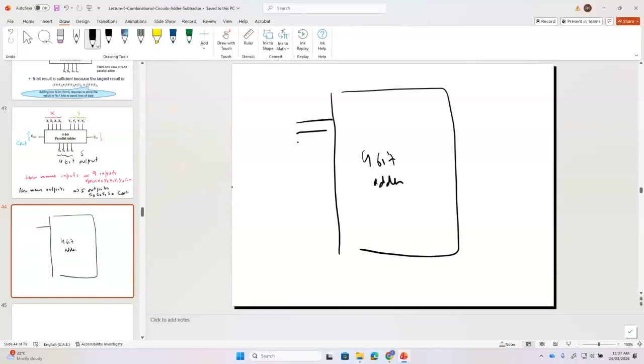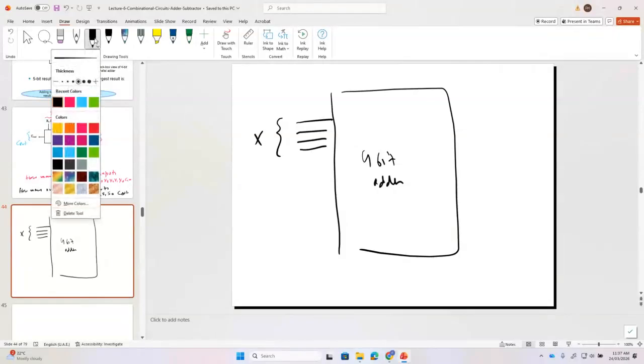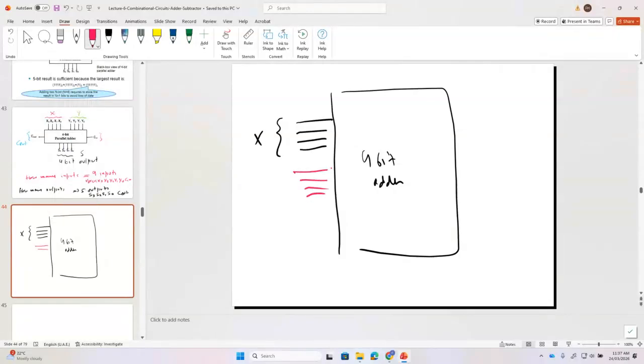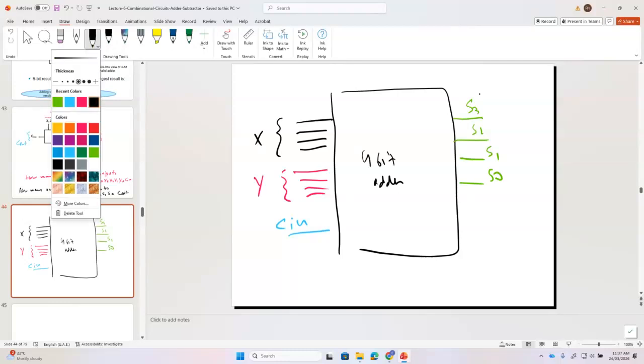We have one input X, the other input Y, another input Cin, and my outputs are the sum and C out.